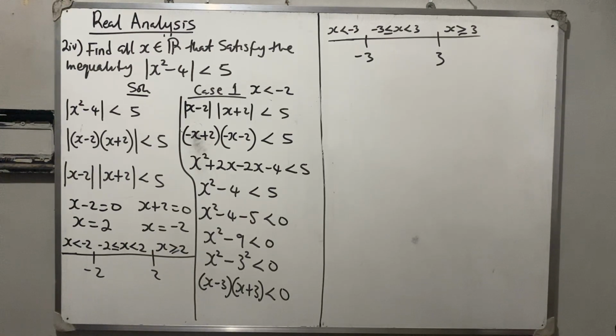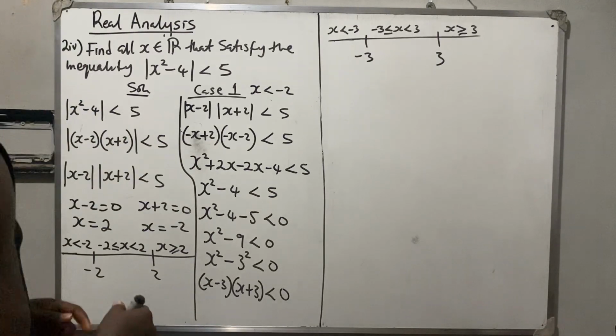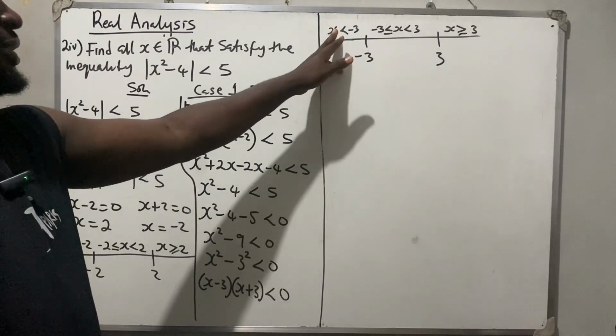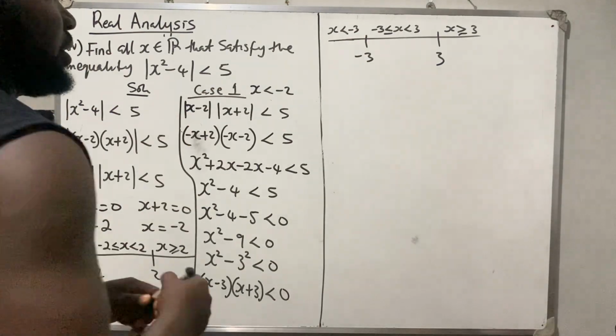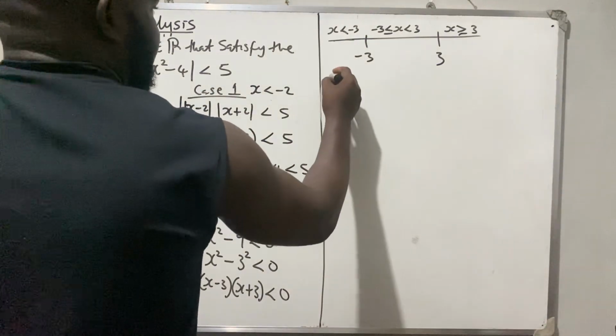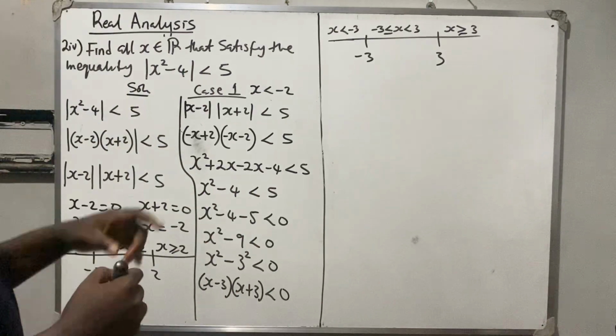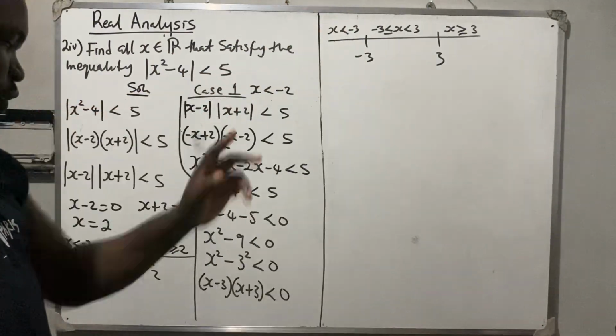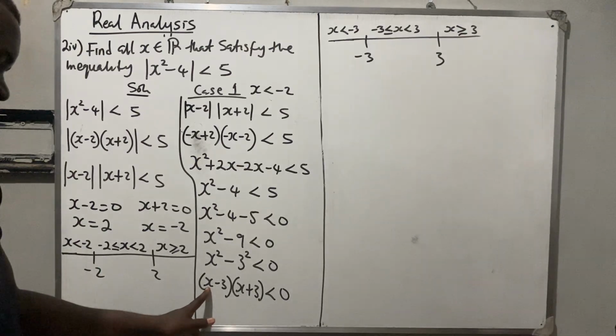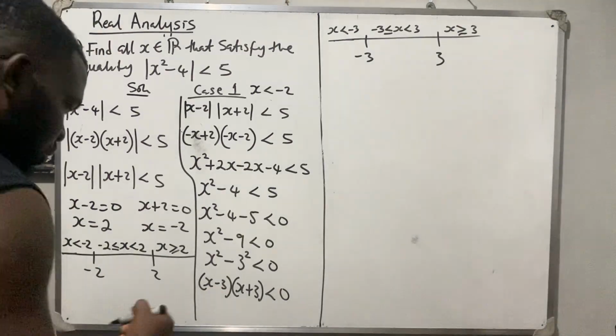Okay. So having these three cases, now let us check when x is less than minus 3, case 1. For case 1 here, when x is less than minus 3, choose any number that is less than minus 3. For example, minus 4. You will see that minus 4 minus 3 will give you what?